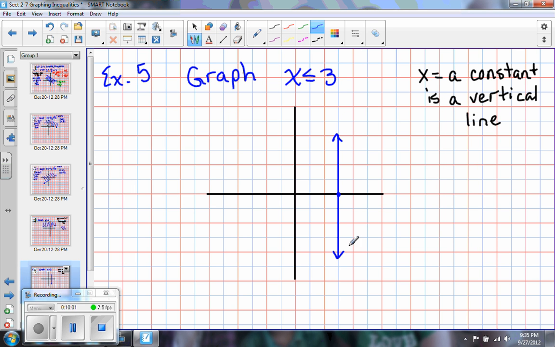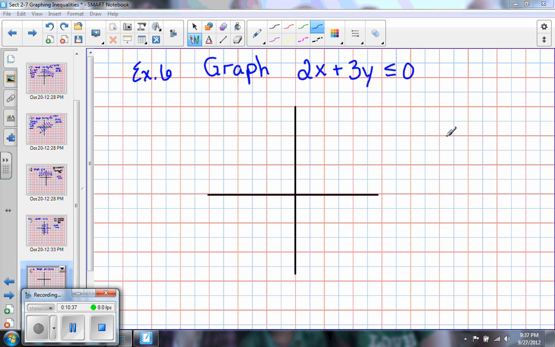So here's my line. Now I have to pick a side to shade, and I can do the same thing. I can test 0, 0. I guess I should have had an example where 0, 0 wouldn't work, but at least I'm telling you, if the line goes through 0, 0, you have to pick another point. So here we can substitute a 0 for x. We get 0 is less than or equal to 3, which is true. So I need to shade the side of my line that includes the 0, 0. So we end up with this side shaded.